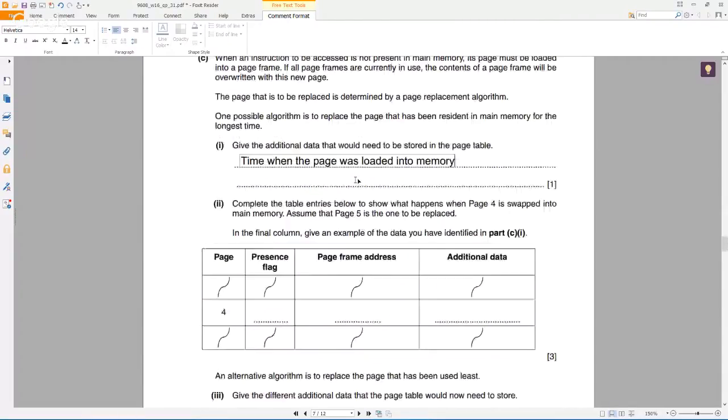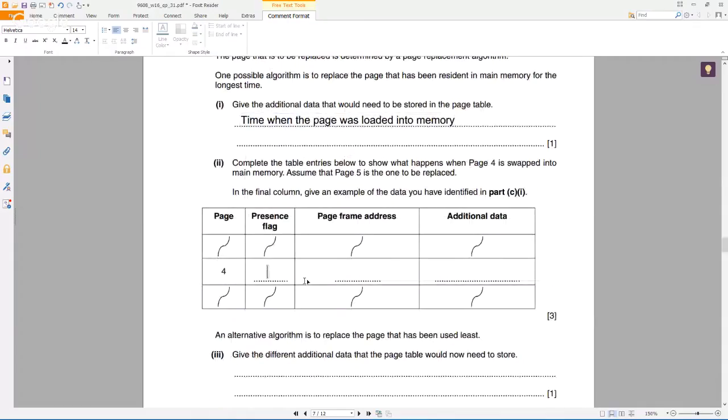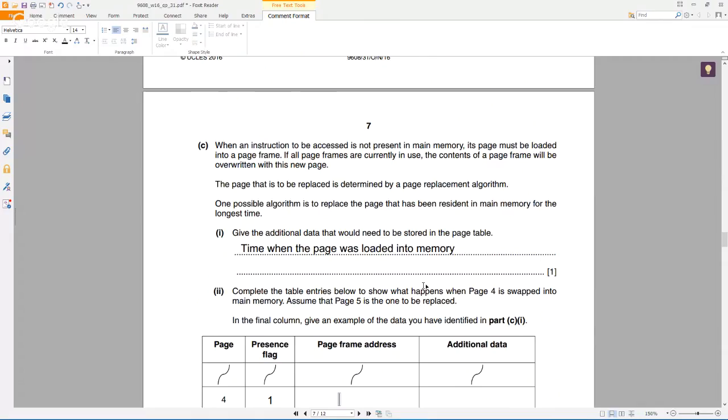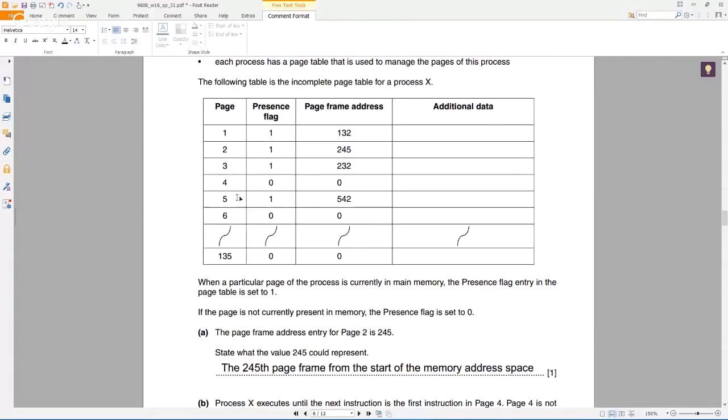So now page 4 will actually contain some page frames. So we need to set that to 1. And what will be the address? That will be the address of the page that we decided to replace. And the question says that we assume that page 5 is the one to be replaced. So we can see from the table, page 5 address is 542.